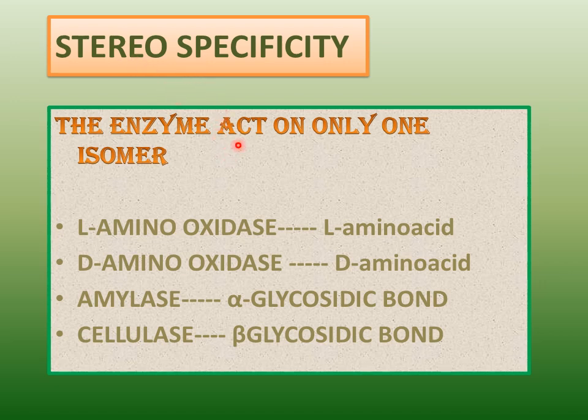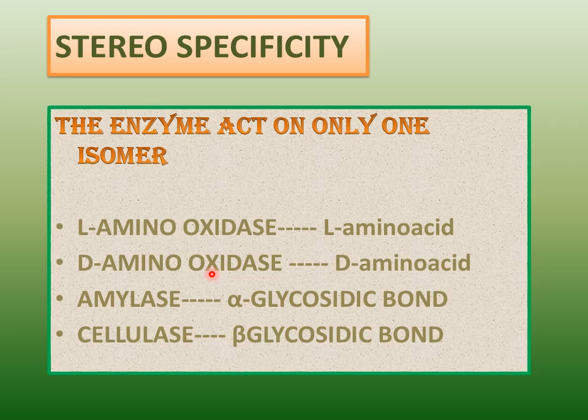So there is a different enzyme for each isomer. For L amino acid there is L amino acid oxidase, whereas for D amino acid the enzyme is D amino acid oxidase.